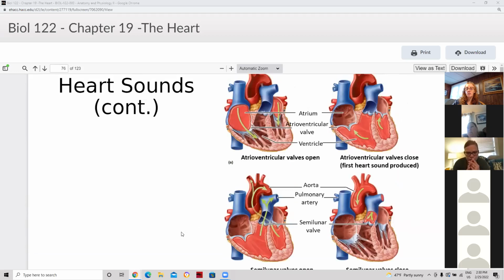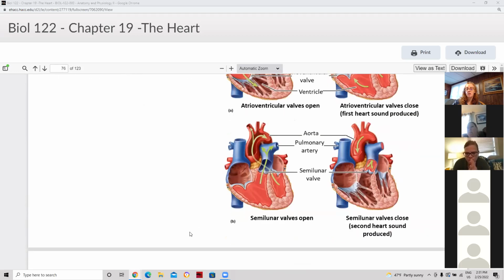Where are they closing? Look right here. Where are the semilunar valves closing? When do they close? After the AV valves close, then they open, then they close, and it goes back and forth.